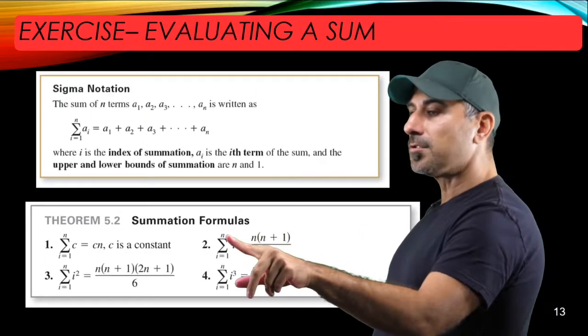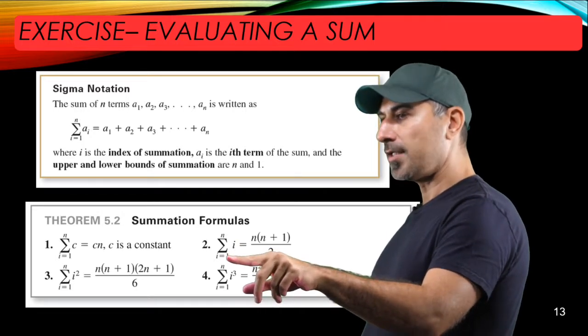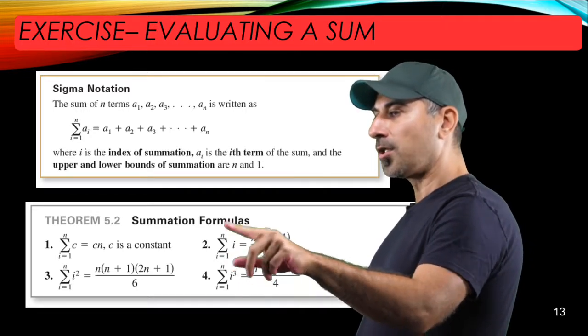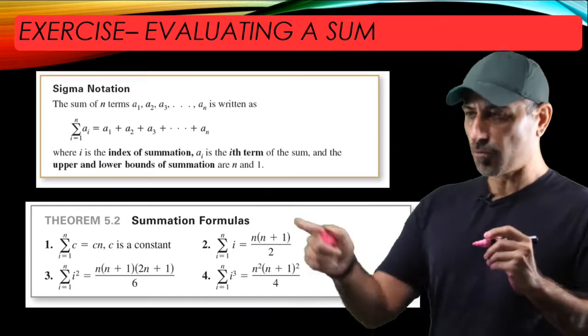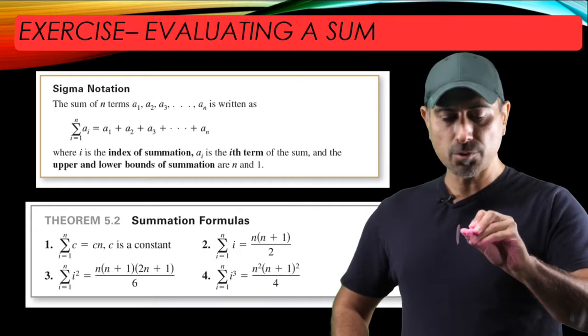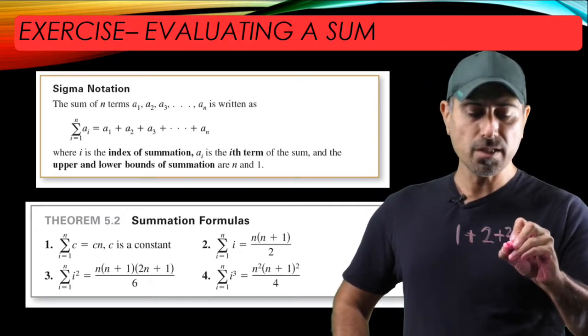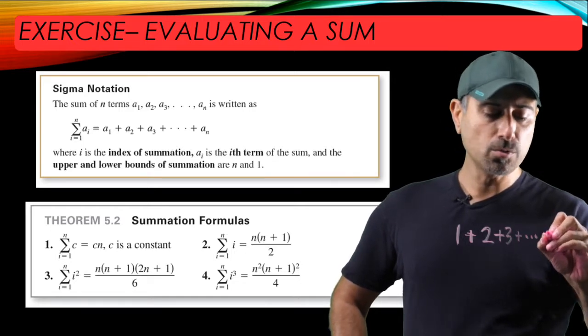And the second rule says that if you're adding i's, where i starts from 1 and goes all the way to n, in other words, for i equals 1, i is 1, and then the next term is 2, and then 3, and you go all the way to n.